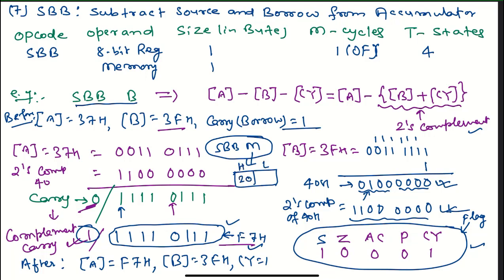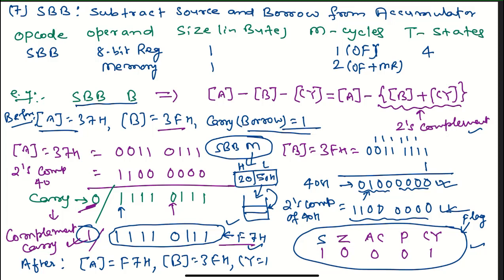If HL has 2050H, then the HL content points to the memory location, and whatever the content is at that location will be subtracted from the accumulator along with the carry or borrow status. So here it is going to access the memory chip two times, so the machine cycle will be two. One is opcode fetch and the other is memory read, because from this location in the memory chip it has to take the data.